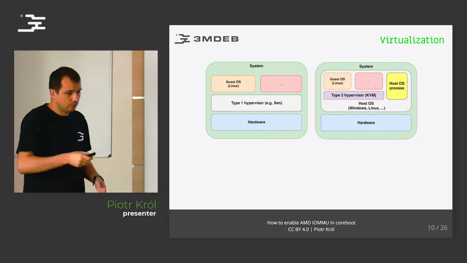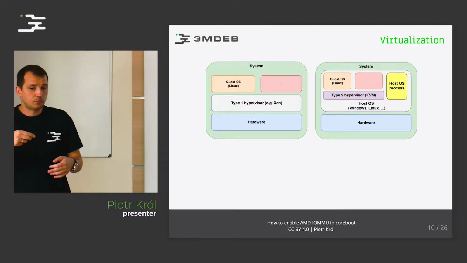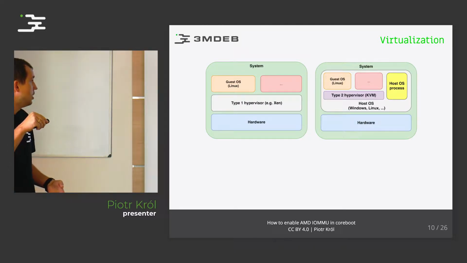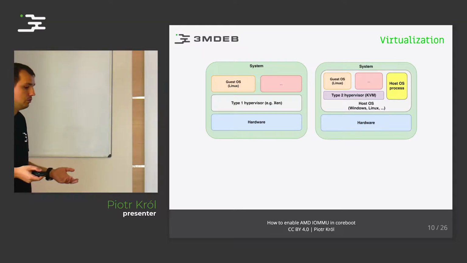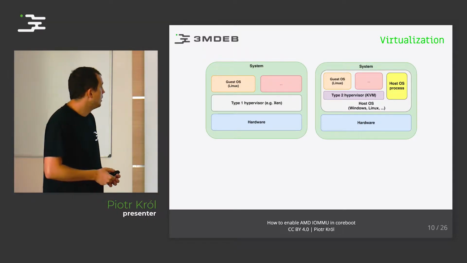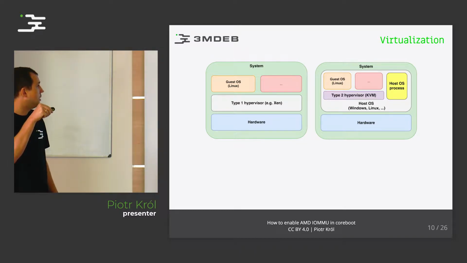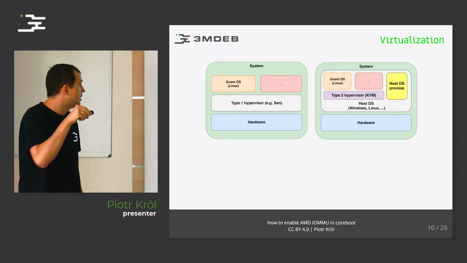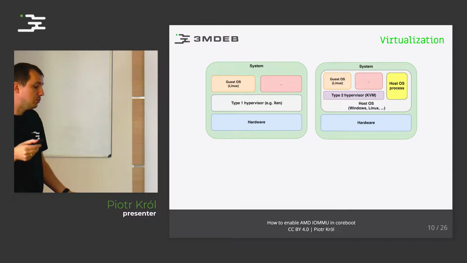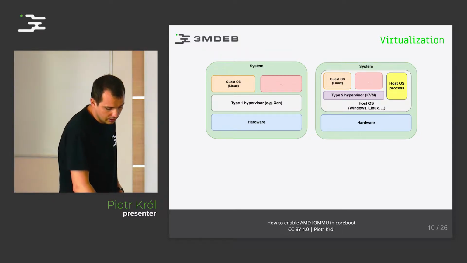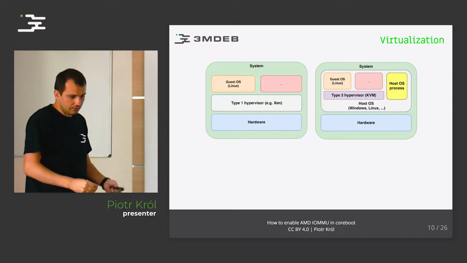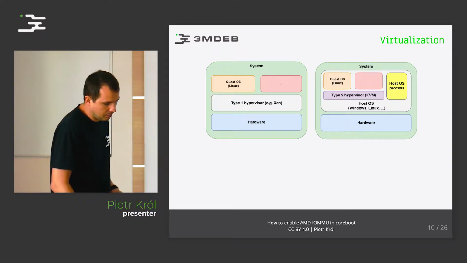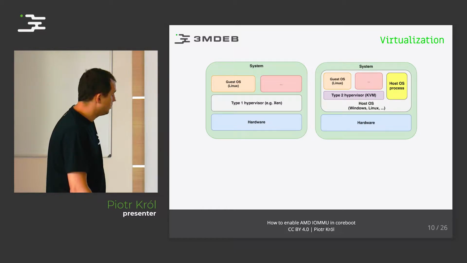At the same time, we can also run processes that belong to the host OS, which don't care about virtualization. Here everything is virtualized because we start the hypervisor first, and here not everything has to be virtualized. Both solutions have their own pros and cons, and of course there's a holy war, like between Vim and Emacs, about which one is better.